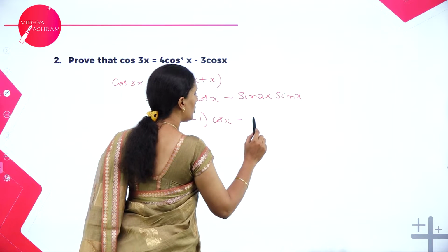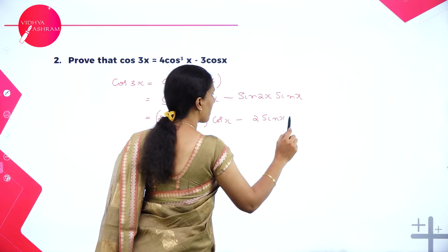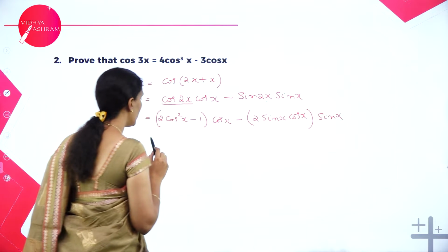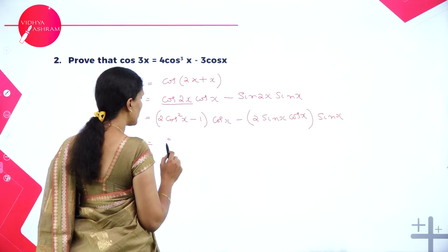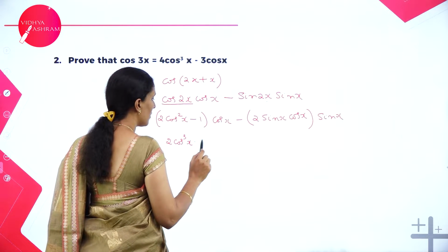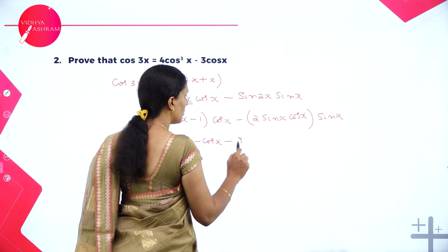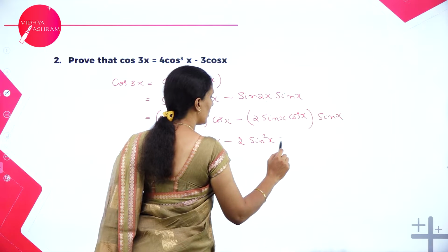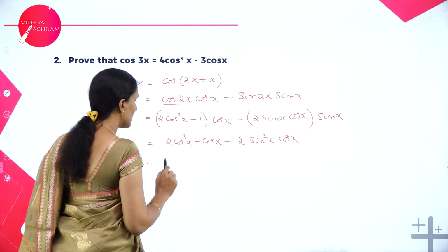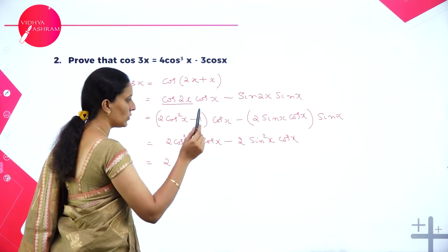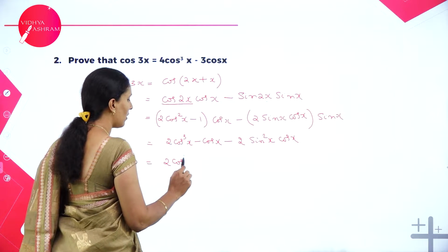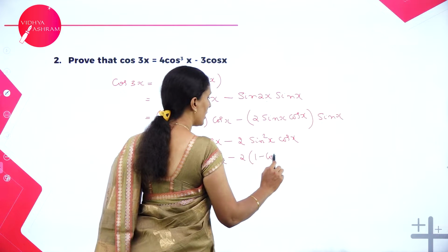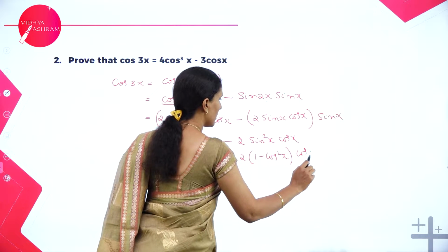So next sin 2x is 2 sin x cos x into sin x. Now here we will get 2 cos square x into cos x becomes 2 cos cube x minus cos x, minus 2 sin x into sin x is sin square x into cos x. But sin square x here can be converted into 1 minus cos square x. So therefore here we can write sin square as 1 minus cos square x into cos x.